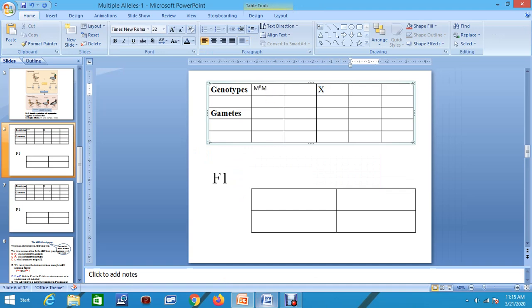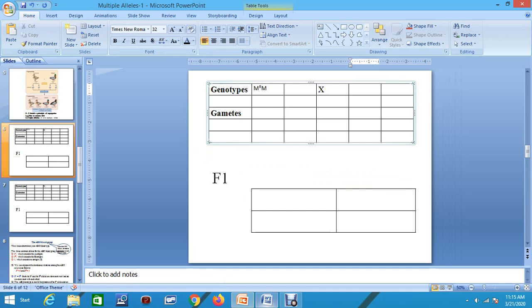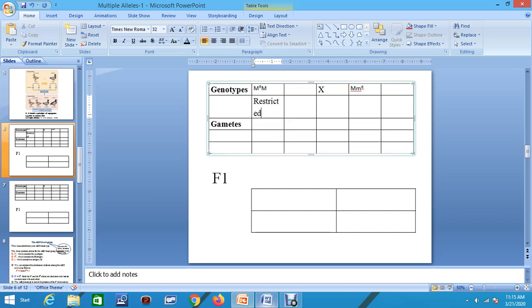And if we cross it with small m and capital M, small d, this one's phenotype is restricted, and here the phenotype is mallard.